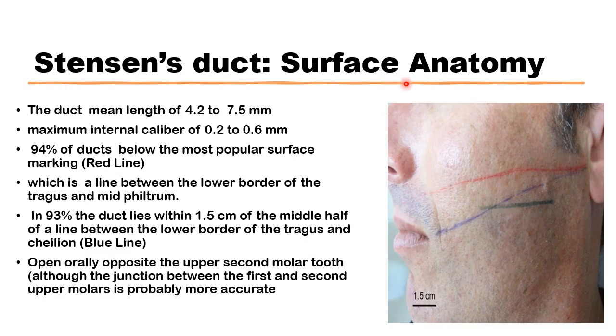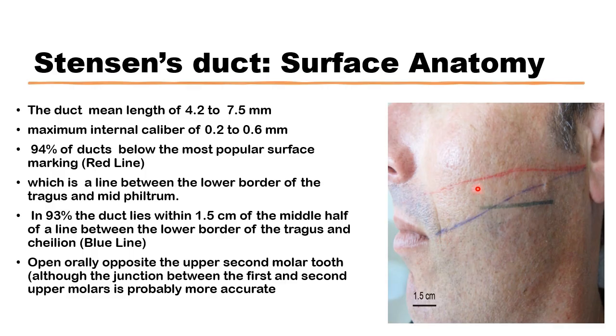The surface anatomy. There are numerous ways of describing the surface anatomy of the parotid duct. The two commonest ways are this red line, which connects the lower part of the tragus to the midpoint of the philtrum of the lip, and the second line, the blue line, which connects the lower border of the tragus to the corner of the mouth.